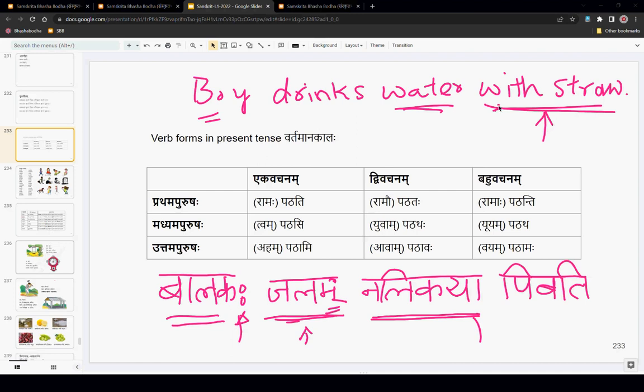Here, with and straw together means using that straw as an instrument. But nalikaya is a single word, so this contains both with and straw. This with part is actually coming as a suffix to the base word straw, nalika, and that is becoming one word here, correct? So that is the difference here.